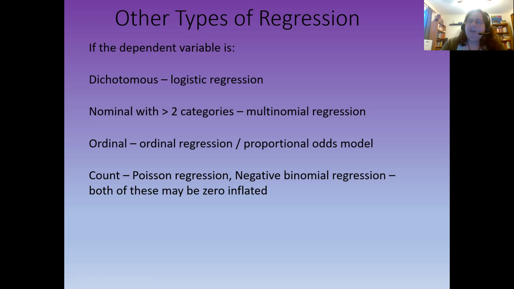The next one, as I just talked about, was multinomial, and that's when you have a nominal with more than two categories. So let me give you an example there. Let's say you're trying to look at mental health service type.